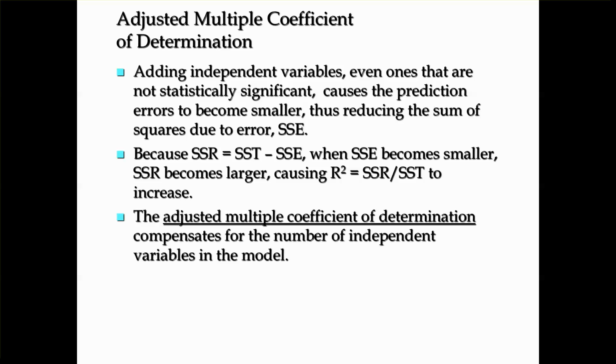In other words, if you increase the number of independent variables, you may not get an increased adjusted multiple coefficient of determination. This statistic is more popularly used than the coefficient of determination itself.